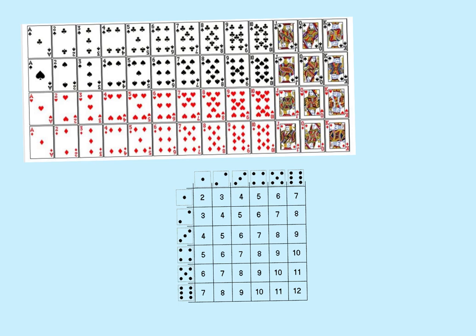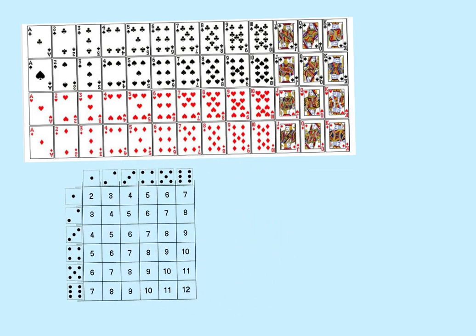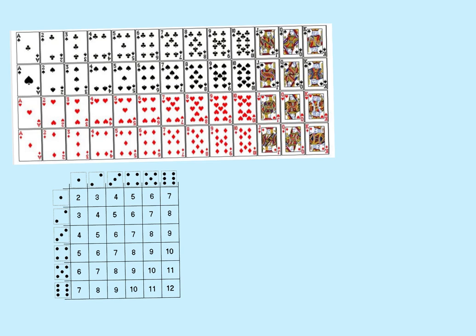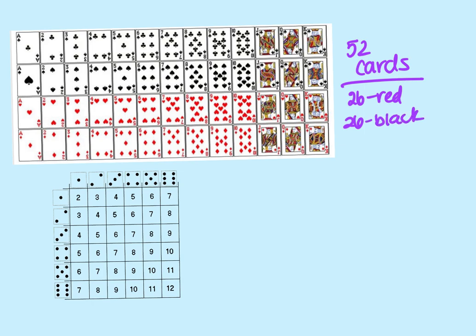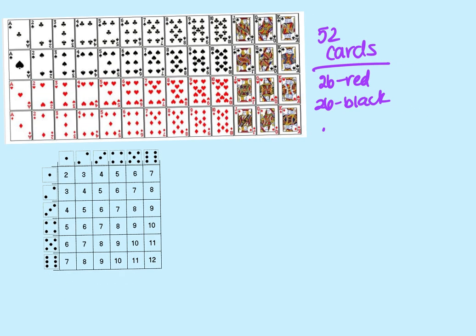The top things you need to know about cards are that there's obviously 52 of them, thus 52 card pickup. Half are red and half are black, so 26 red, 26 black. There are 4 suits: hearts, diamonds, clubs, and spades.